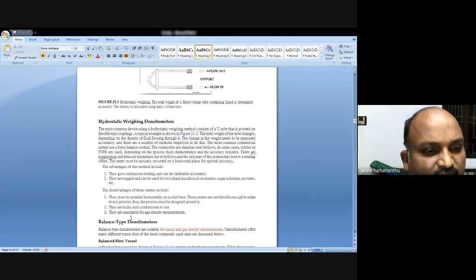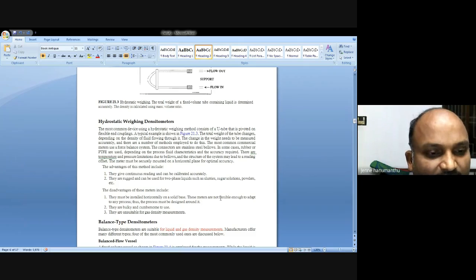There are some disadvantages also. They should be installed horizontally on a solid base. This is a difficulty we face when installing this type of model. The meter is not flexible enough to adapt to any process; the process must be designed around it. We need flexible meters for this, but they are not available.